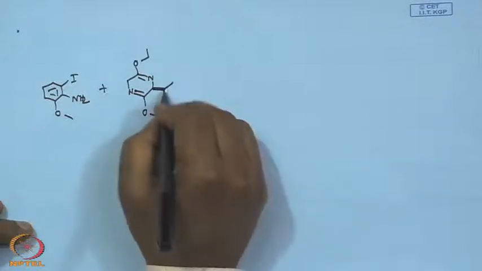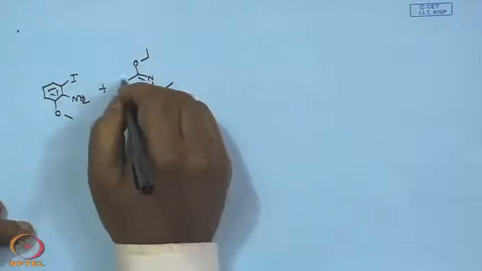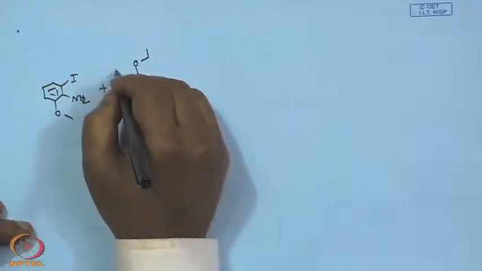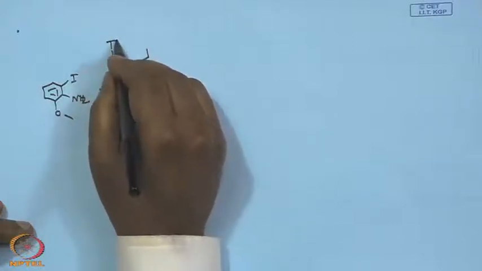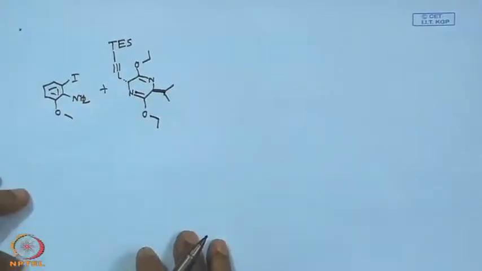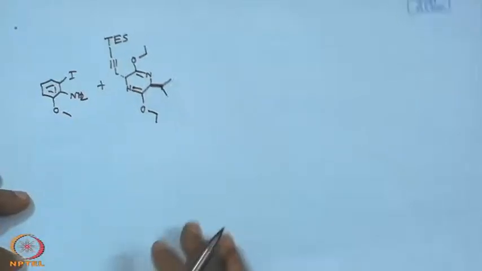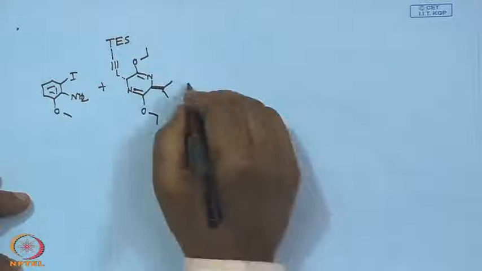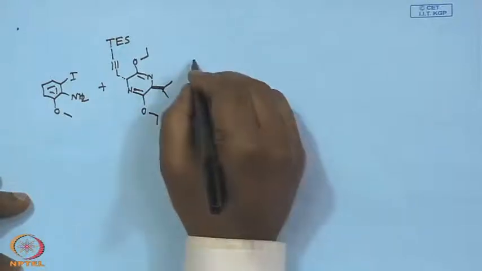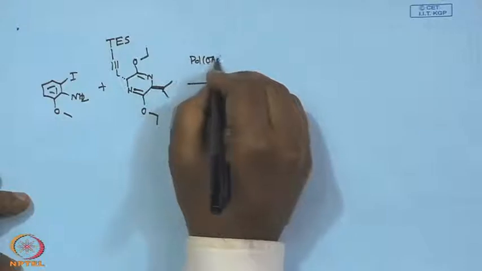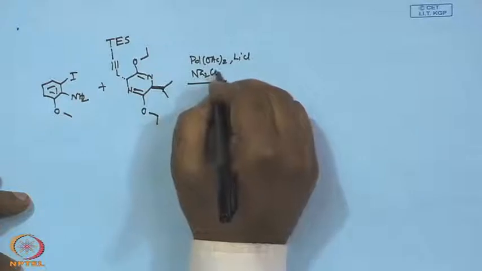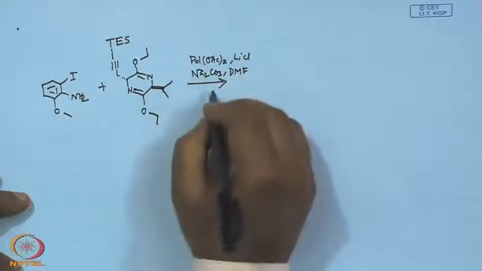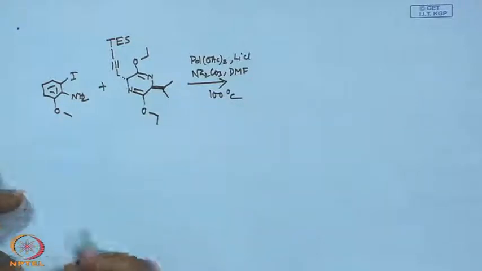Then you have an isopropyl group here and TES. Let us say this is a chiral auxiliary. Reaction conditions: palladium acetate, lithium chloride, then sodium carbonate and DMF, 100 degree centigrade.